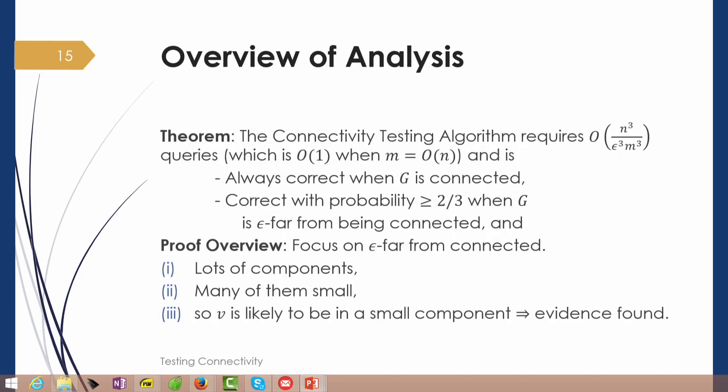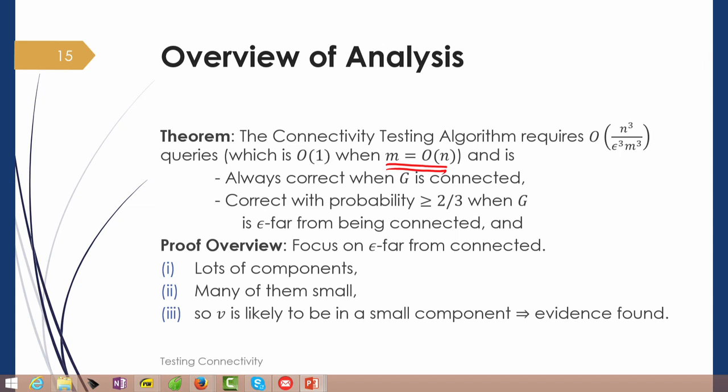So in particular, this is the theorem that we need to prove. The connectivity testing algorithm requires O of n cubed over epsilon cubed m cubed number of queries. And just a quick note about this, when m is O of n, the number of queries is actually only O of 1, assuming epsilon is a fixed constant.